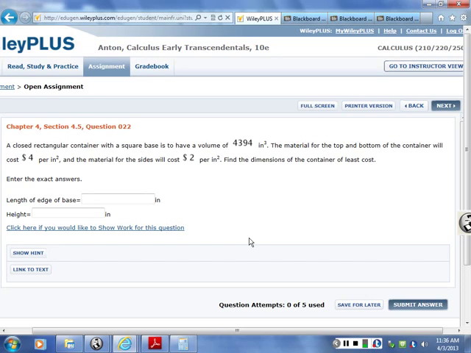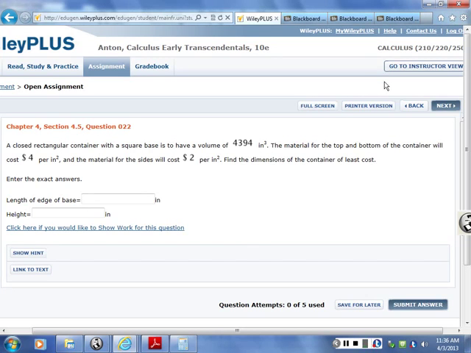And hopefully your picture looks better than mine. And we also write down the formulas that we know. We know that the volume of this container has to be 4,394.